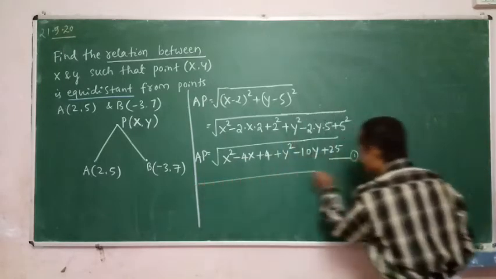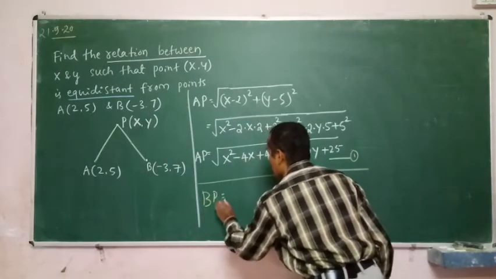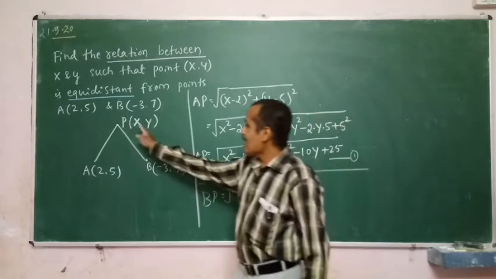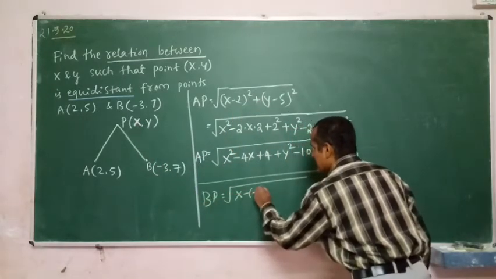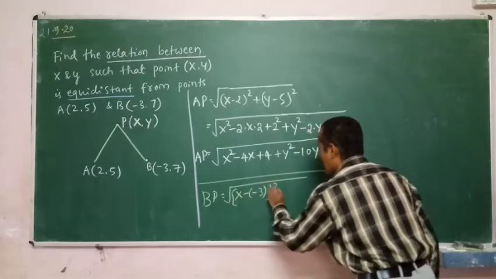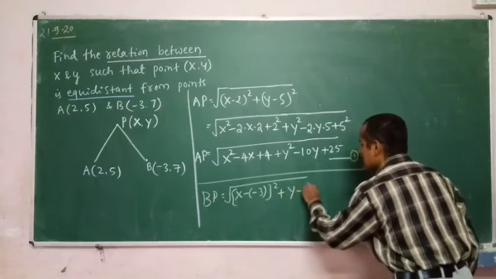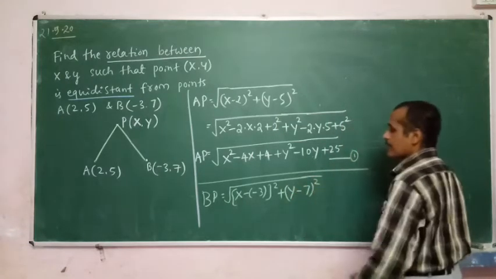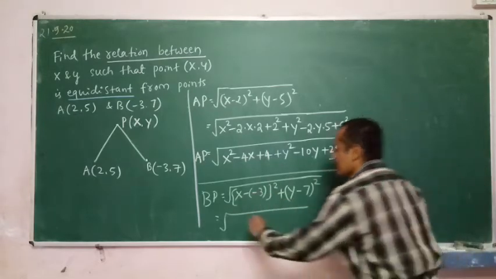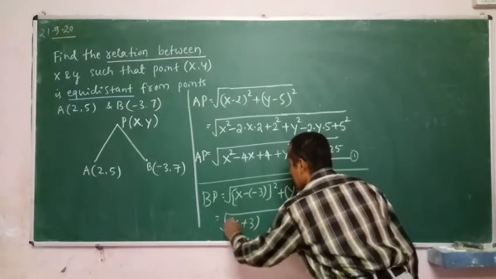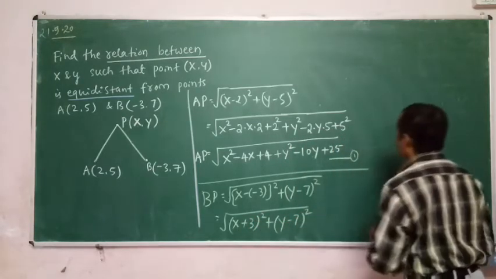Let me go for the length of BP. BP is equal to under root (x minus of minus 3) the whole square plus (y minus 7) the whole square, which is under root (x plus 3) the whole square plus (y minus 7) the whole square, since minus of minus is plus.